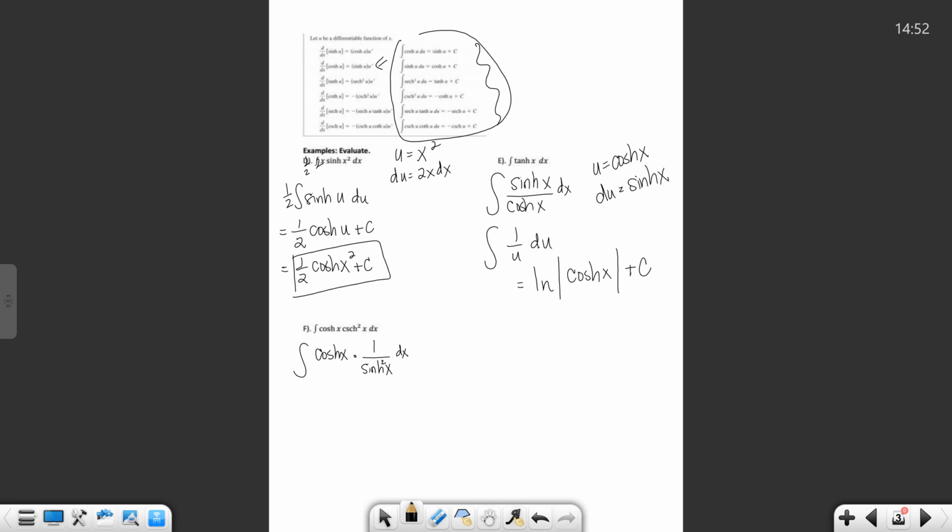So I can see what I can do with this. I can take one of those out and then put one of them under the hyperbolic cosine.